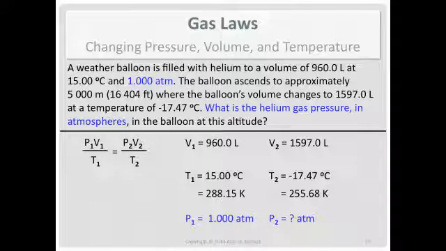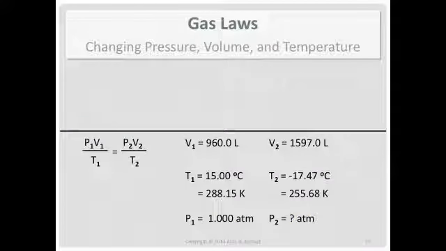Let me take the initial information away because I need some room to work. I've got the information laid out. We have the formula we need to work with. But what are we looking for? We're looking for the final pressure, P2. There are 2 common ways of working this out mathematically.